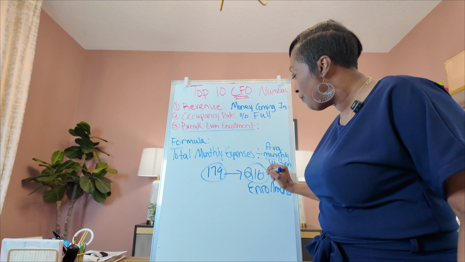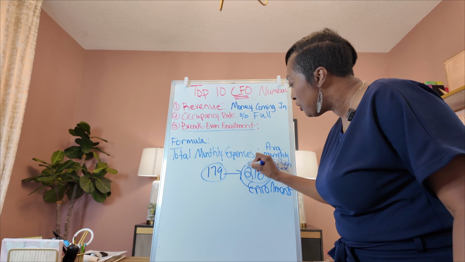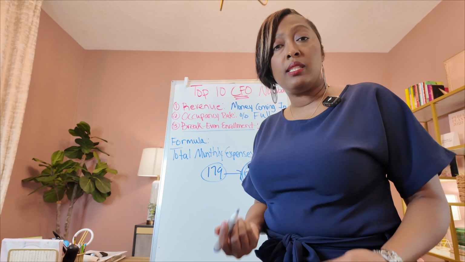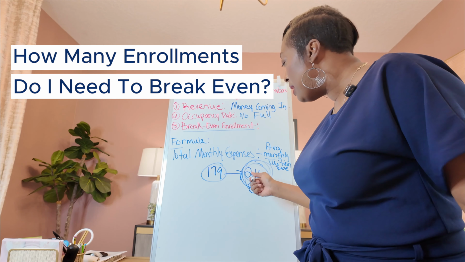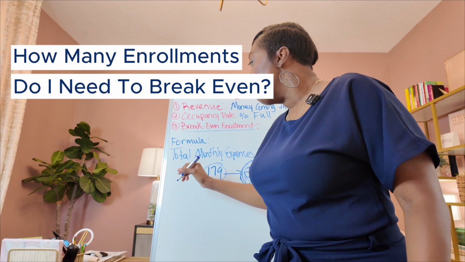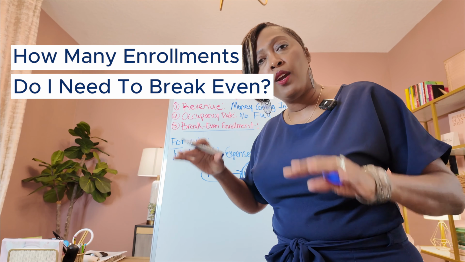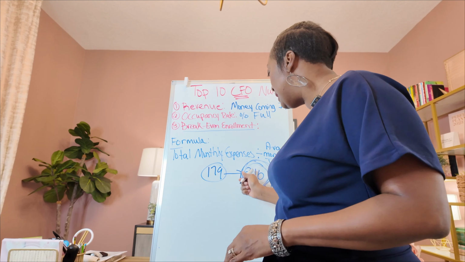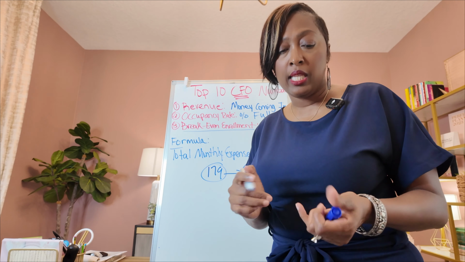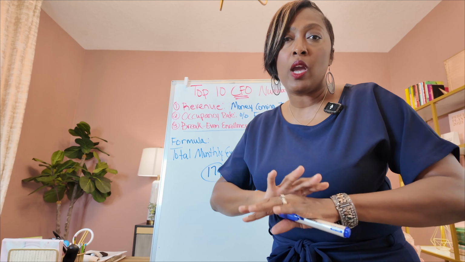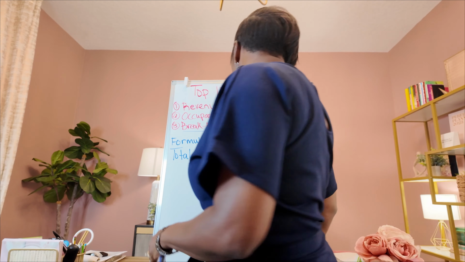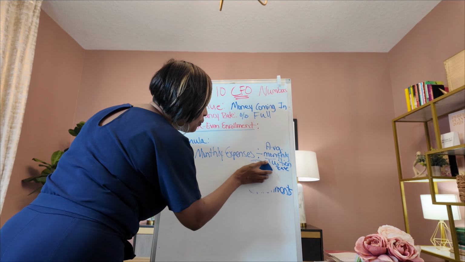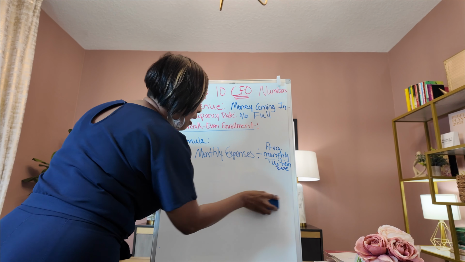So I need to find out, for this 216 enrollments that I can bring into my building, how many of this 216 must I have in order to stay afloat? How many enrollments do I need to get out of this 216 in order to make sure I can pay all the bills? That's what we want to learn today. So I'm going to teach you how to figure this out.